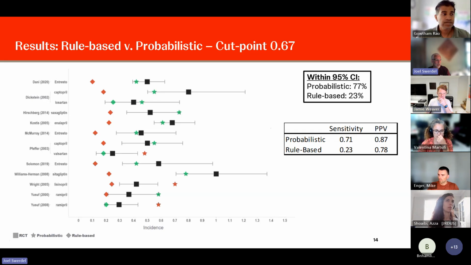I think sitagliptin was actually an incidence rate. Okay. So is it like per how many? Per 100 person years, yeah. Per 100 person years. Okay. Yeah. So then for sitagliptin, the difference between 0.2 and 1 per 100 person years, is that a clinically meaningful difference?